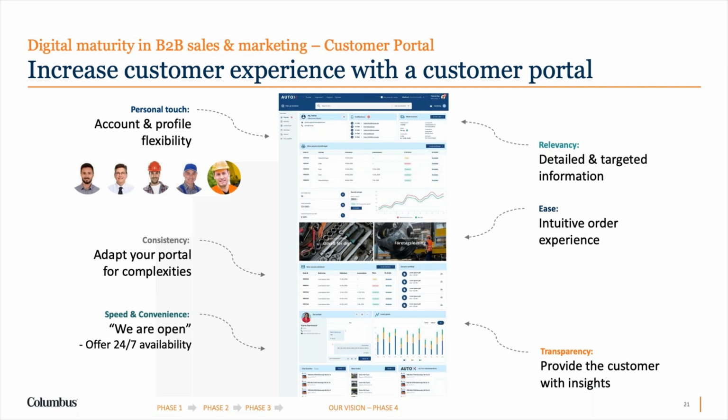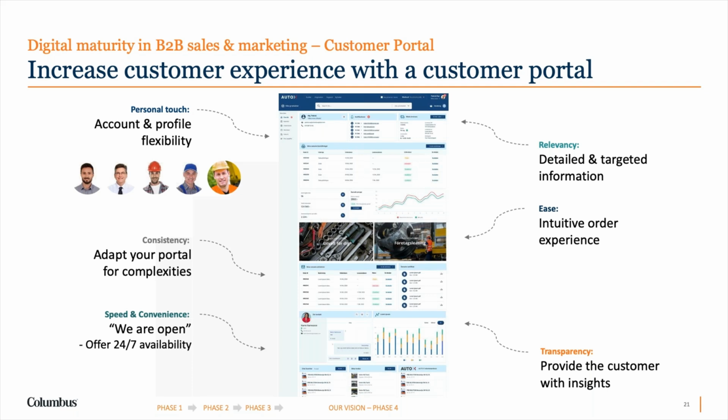And then we should provide customers with insights, let them see insights connected to the machines, to financials, or from a partner perspective, and make the right decision because of the insights they get. You also have to adapt your portal for complexities.